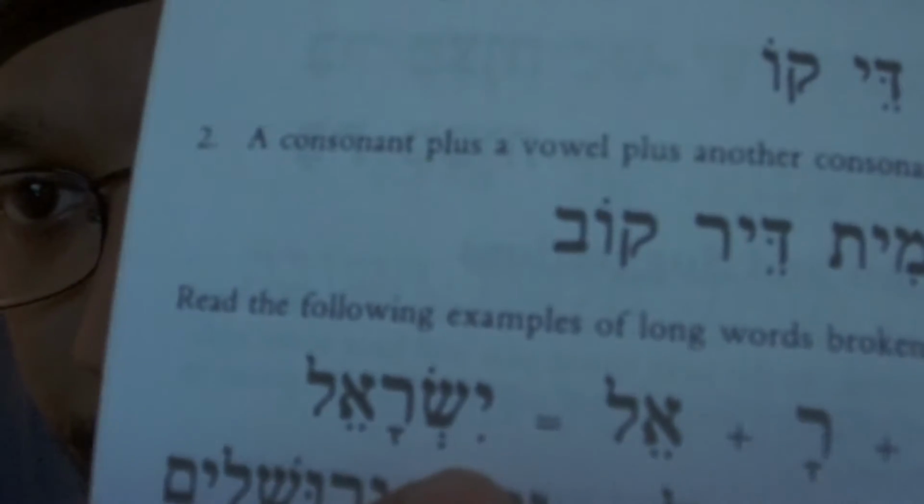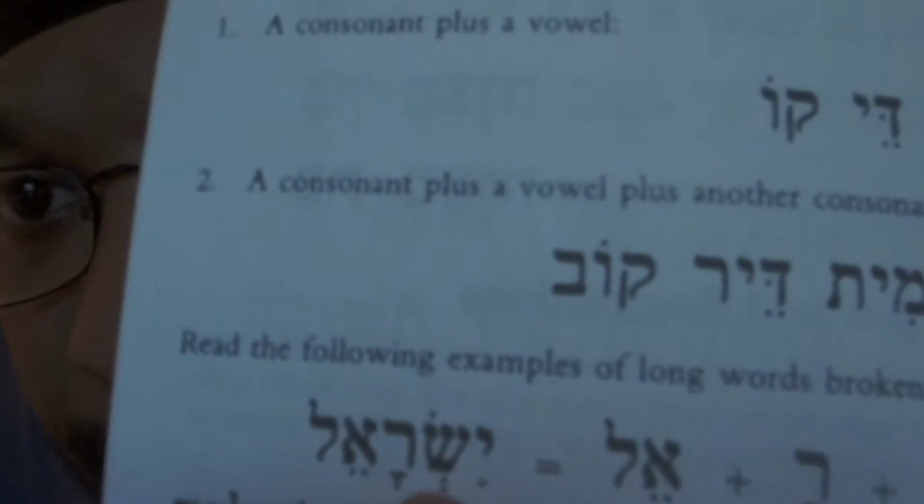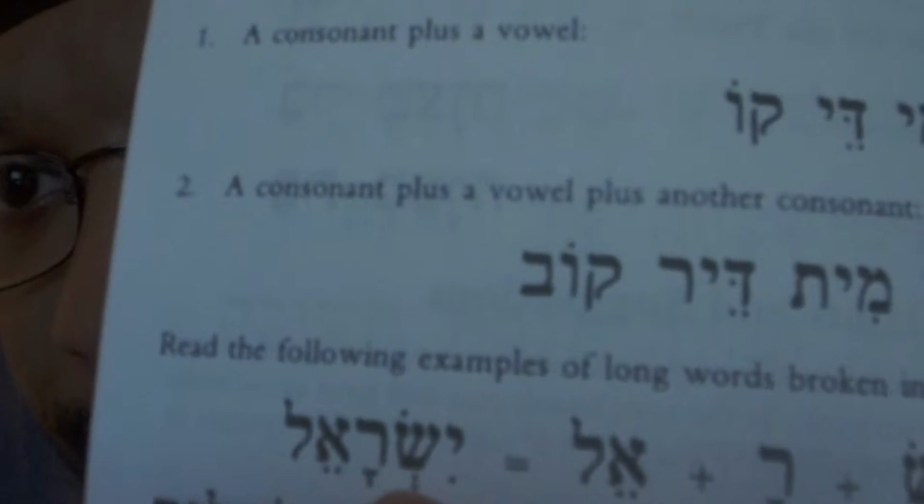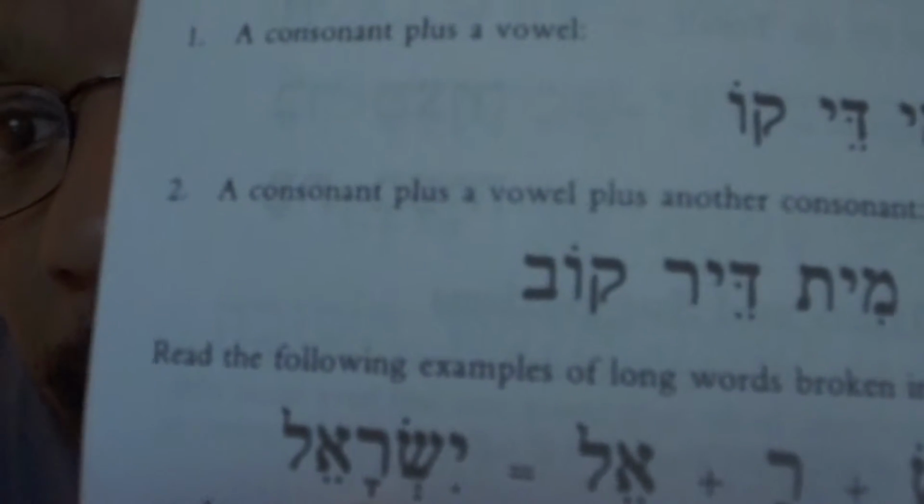That is not a she. That's not a shin. That's actually a sin. I'm sorry. So, ye se, ra el, ye se ra el. We say Israel, but it's an ancient tongue.